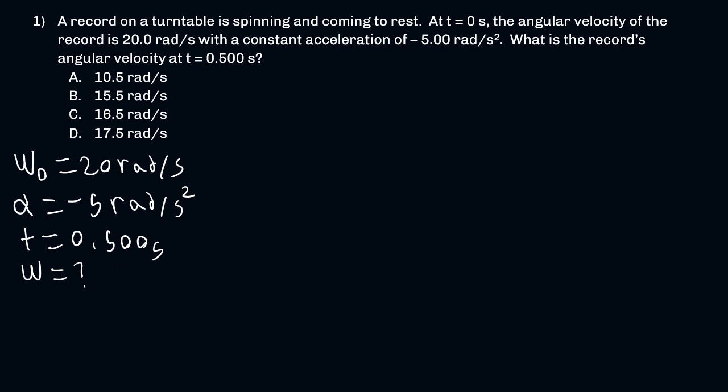On the reference table, this is known as my final angular velocity equation, relating it to the final velocity equation from translational kinematics at the beginning of the year. So that equation is that my final velocity, omega, is equal to omega naught plus alpha times time.